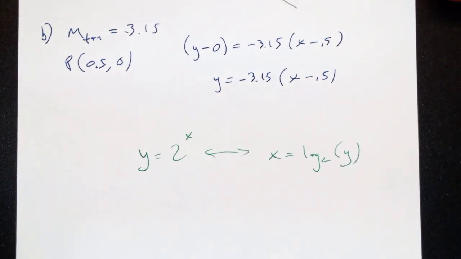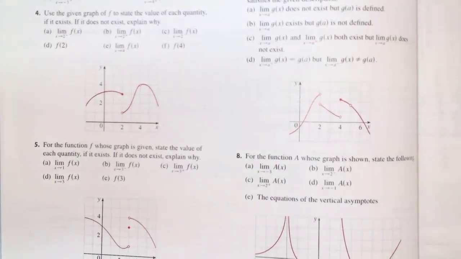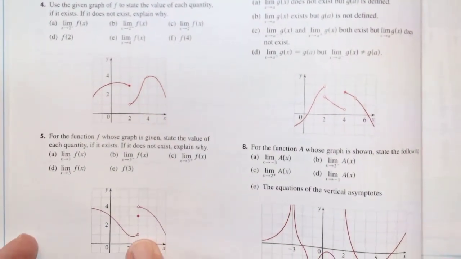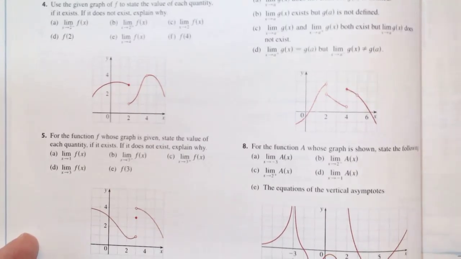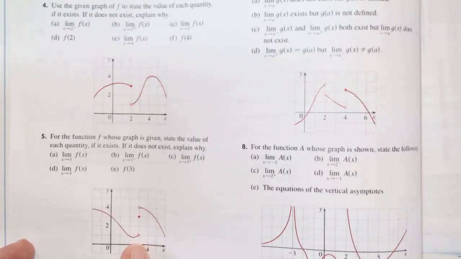We're approaching limits, it says like age of 2 and has like an open dot, is it just... So let's take a look at 5 right above it. Okay. If I'm looking as we approach 3 from the left, there's an open circle there, right? But what's that y value?